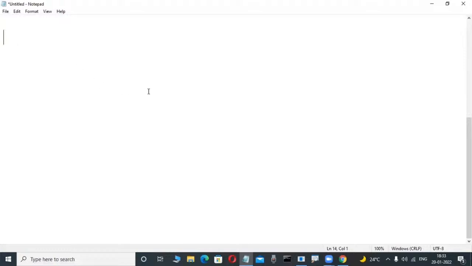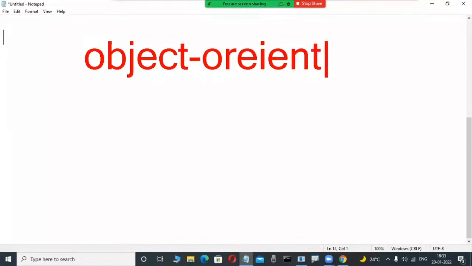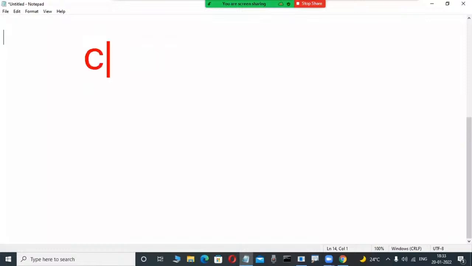Suppose there are so many object-oriented languages worldwide. Maybe many of you have an idea. C++ is an object-oriented language. Java is a popular object-oriented language.